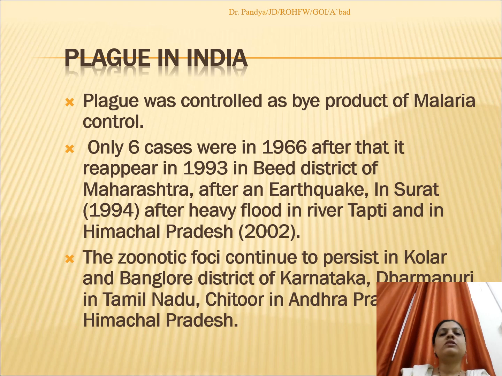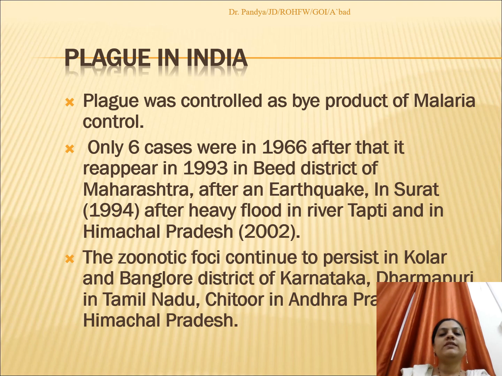So this is the history where plague for a long time was thought to be a disease which had disappeared, but it made its reappearance in 2002. The plague was controlled in the 20th century as a byproduct of the malaria control program.